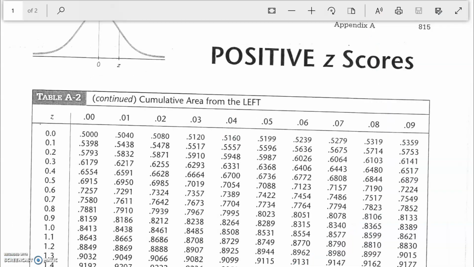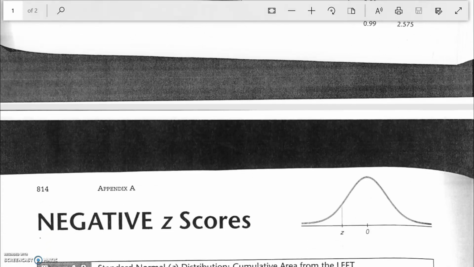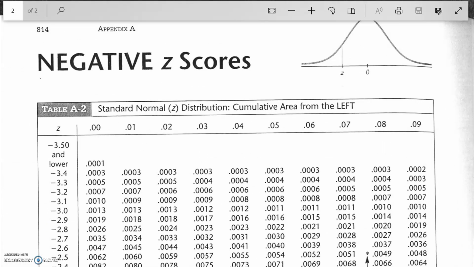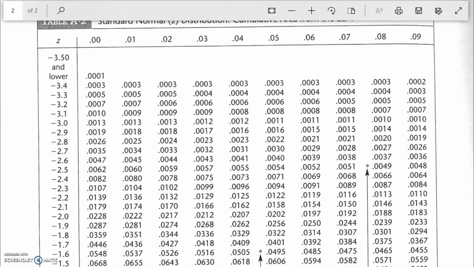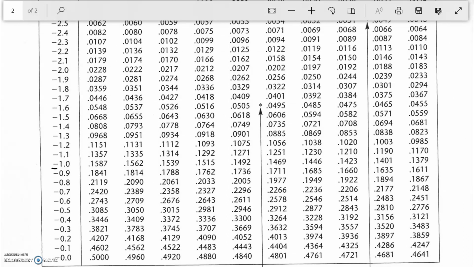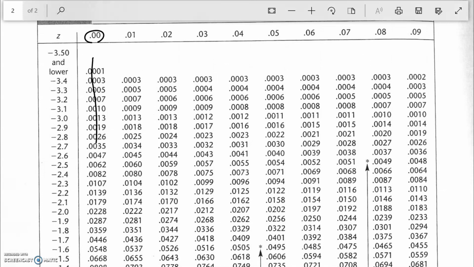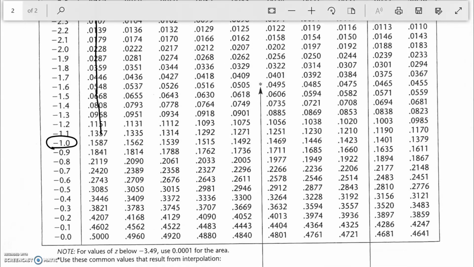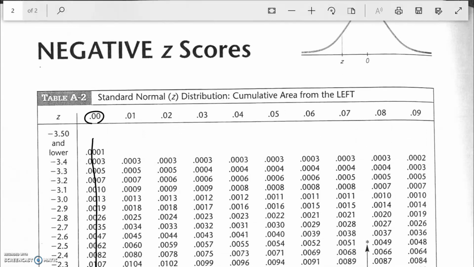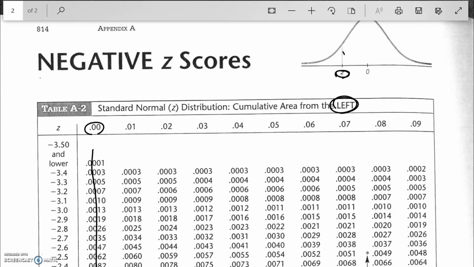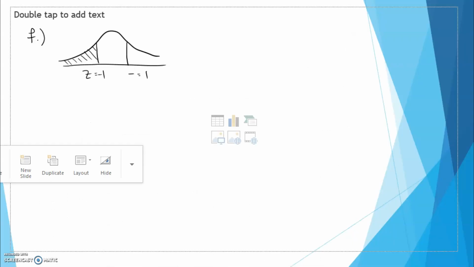So we need to go back to our z-score table, and I need to be on the negative side. I need -1. It's right here, and it was just -1, so that's my first column. If you go all the way down and then over, 0.1587 is my area to the left of your z-score.